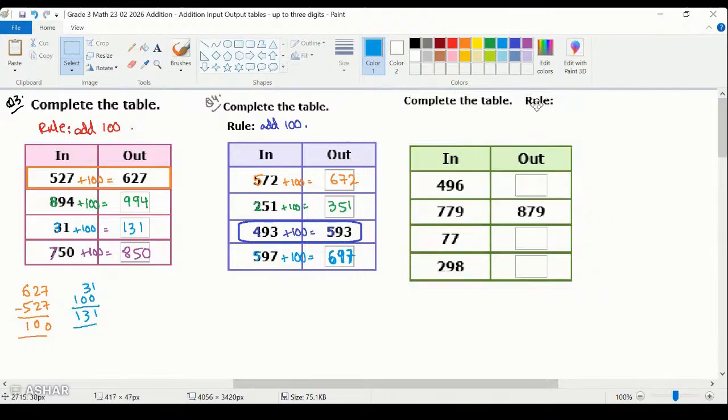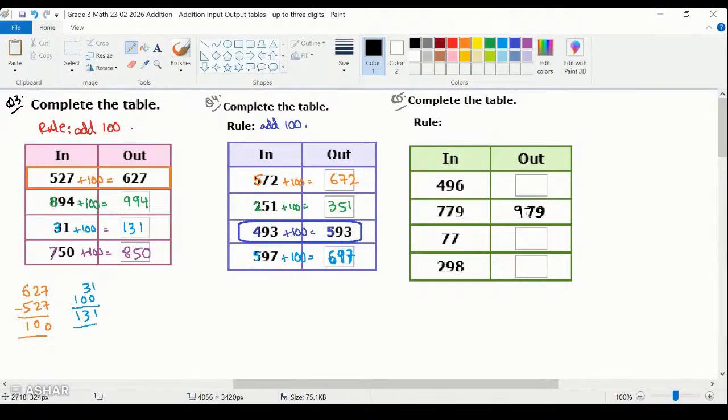This is given to us. We need to find the rule. This is question number 5. And the change I'm making in this question is, I'm changing this number to 979.